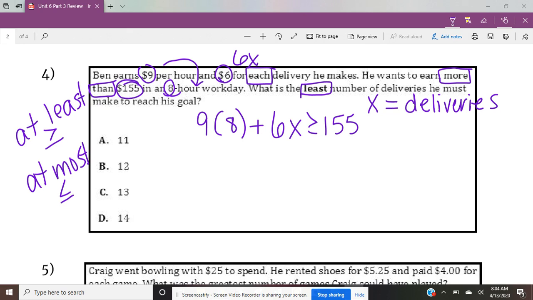Now this example, and I think maybe the next one, these examples we're actually going to solve. So this is going to equal $72 plus 6x. All I did was combine like terms. And now I would like to subtract 72.